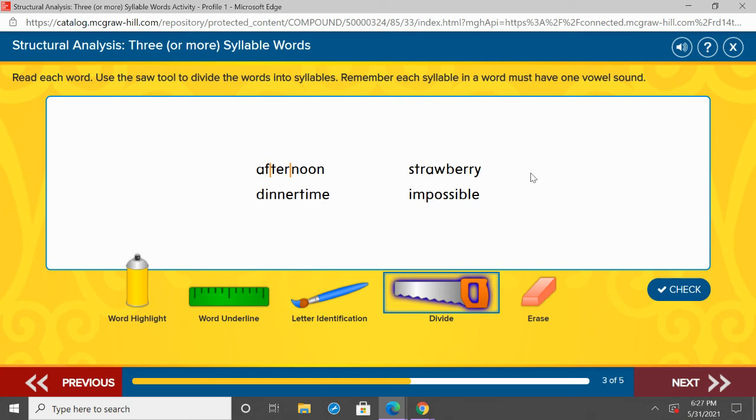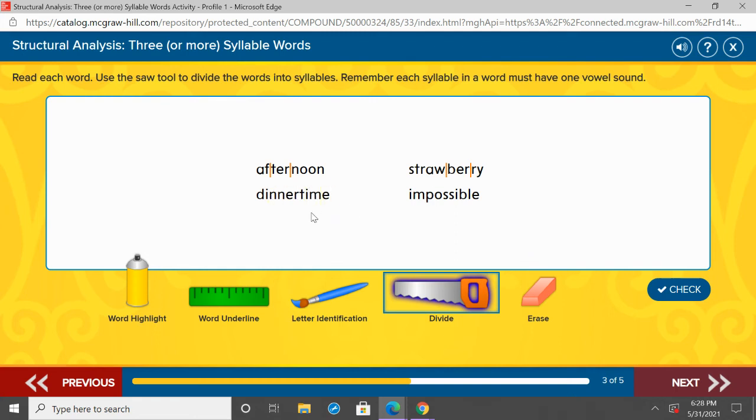Strawberry. So go ahead and pause me. First ask yourself how many syllables, and then break it up into those syllables. So I hear straw-ber-ry. All right, dinner time. How would we split it?